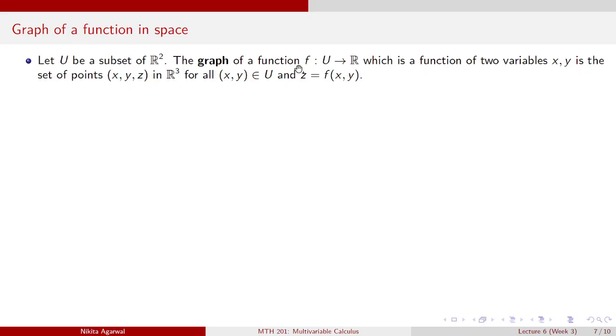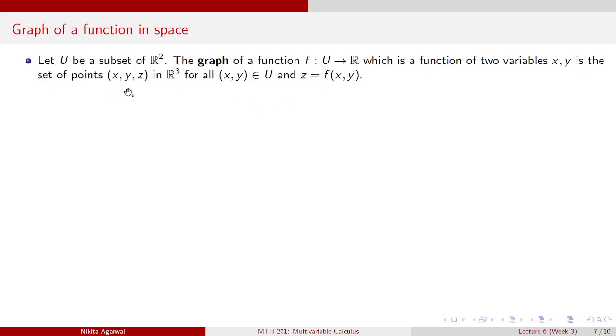It's the value of the function. So if you look at the same thing as a function from R to R, then you don't have z, you have y, and y is equal to f of x. So we are just imitating the definition that we see in R2.